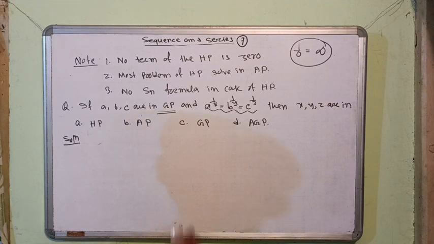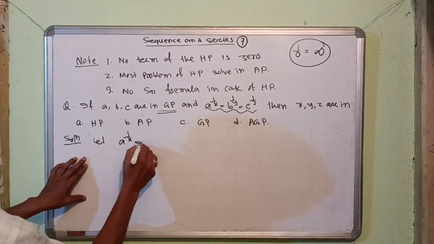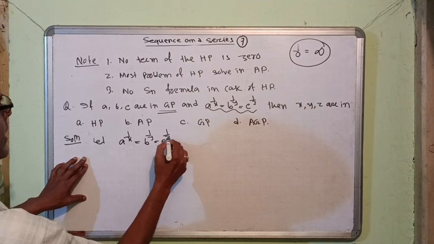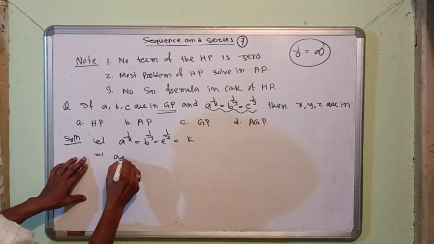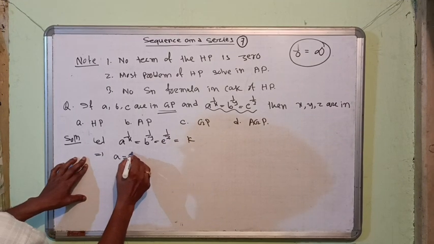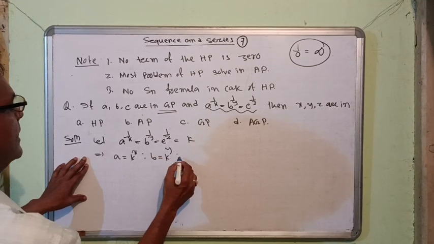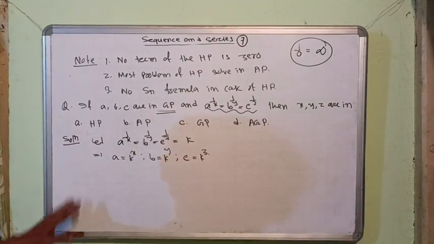Solution. Let A to the power 1 by X, B to the power 1 by Y, C to the power 1 by Z is equal to K. Then A is equal to K to the power X, B equal to what? K to the power Y, C is equal to what? K to the power Z.